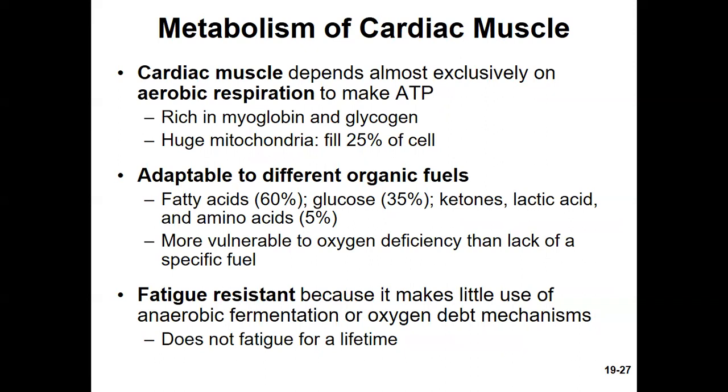So we need lots of oxygen and aerobic respiration in order to make enough ATP for your heart cells to live and thrive, which means that the cardiac muscles will have lots and lots of mitochondria. Mitochondria will fill up almost a quarter of each cardiac cell, so that you have enough mitochondria to supply the heart itself with adequate amounts of ATP to function.